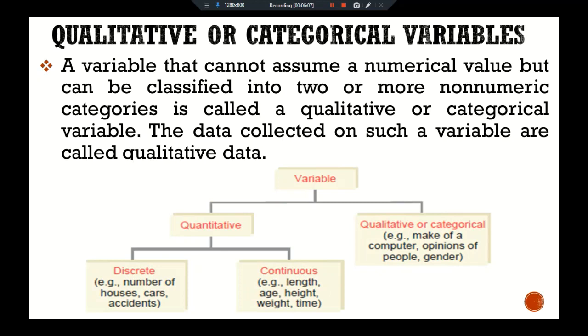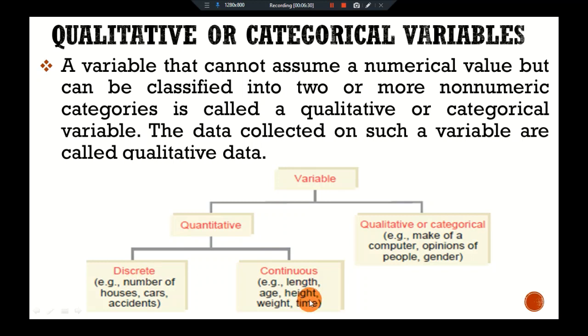And here we have the graphical presentation of our variables. We have two main types of variable, quantitative and qualitative or categorical, and we can disaggregate quantitative variables into discrete variables and continuous variables.